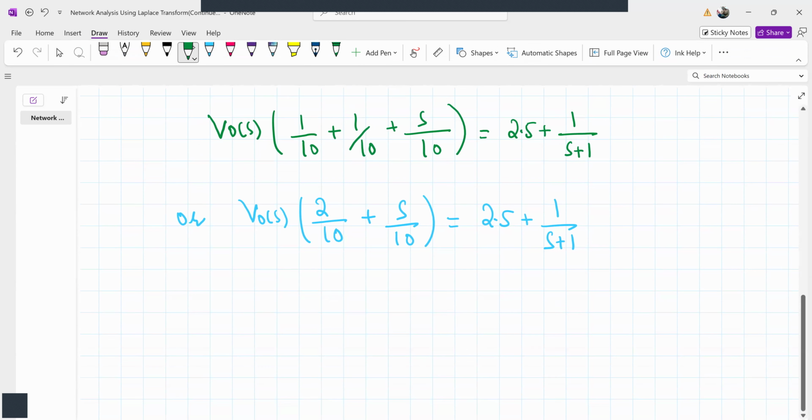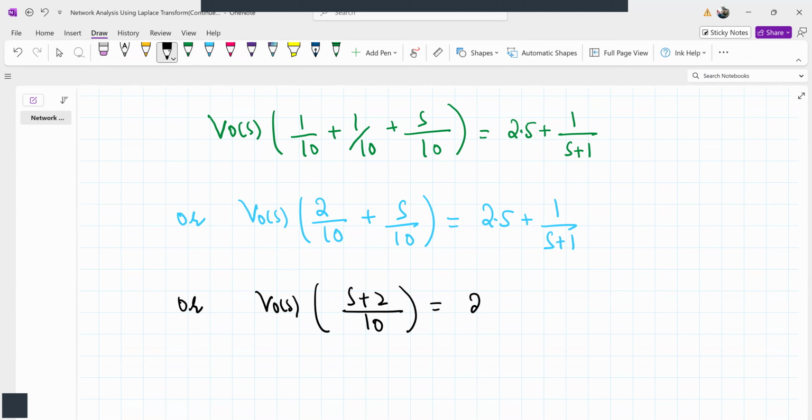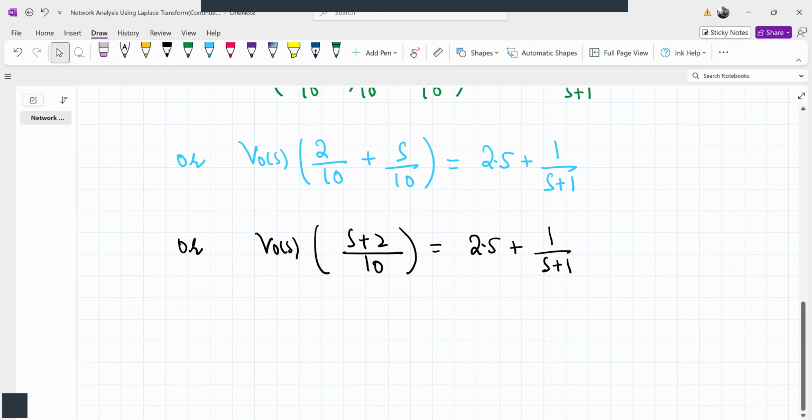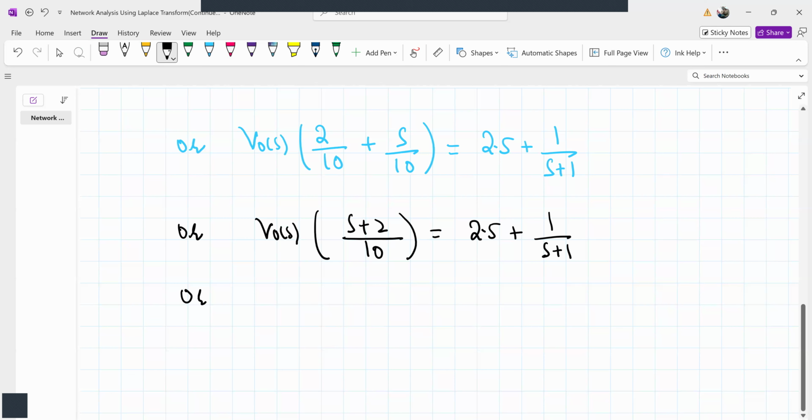If we further simplify this, V naught of S into S plus 2 divided by 10 equals 2.5 plus 1 divided by S plus 1. So if we take 10 on S plus 2 to the right hand side, we multiply both by 10, it will be 25 plus 10.